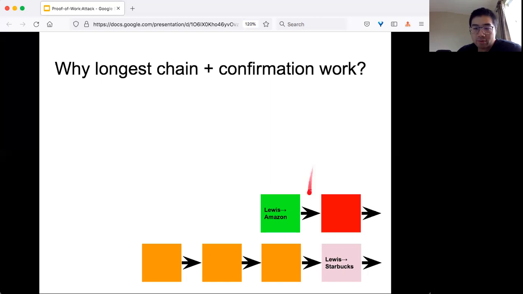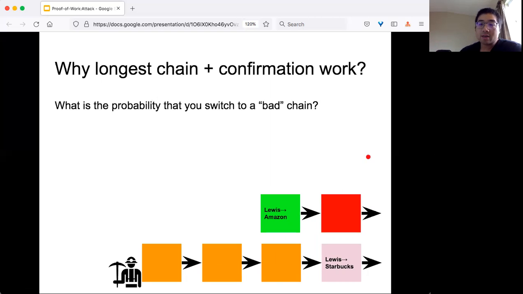Suppose I have a longer chain. Louis paying $10 to Starbucks is on the longer chain, and Louis paying Amazon is on the shorter chain. The probability we are looking at, the probability that double spending is allowed, or that this orphan block occurs, is the probability that some miner will switch to a bad chain.